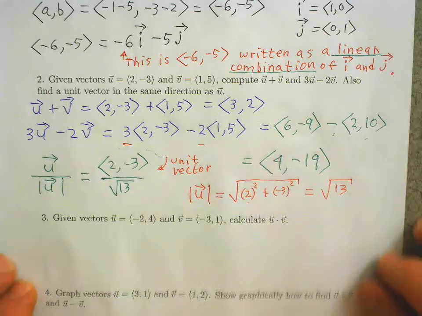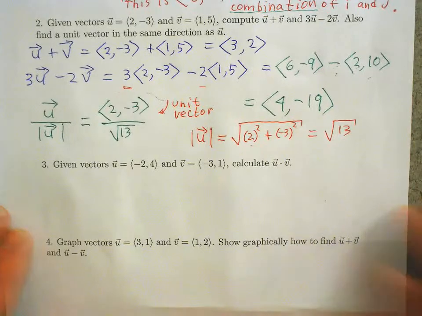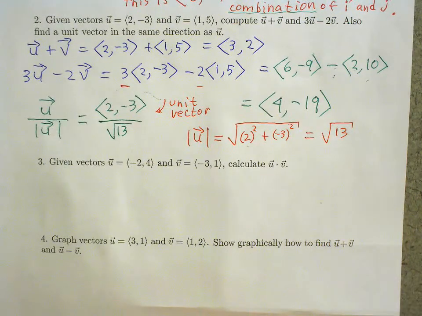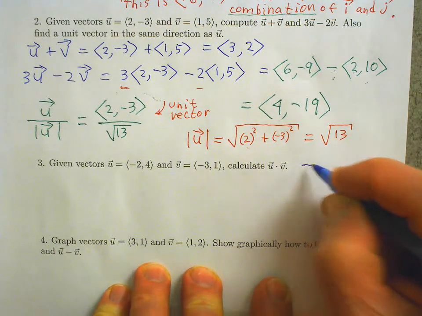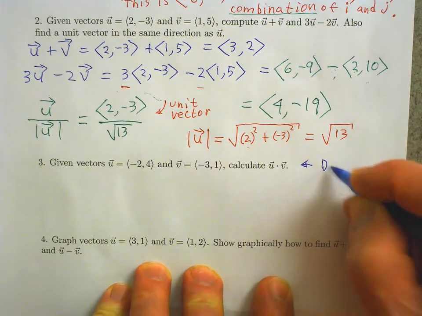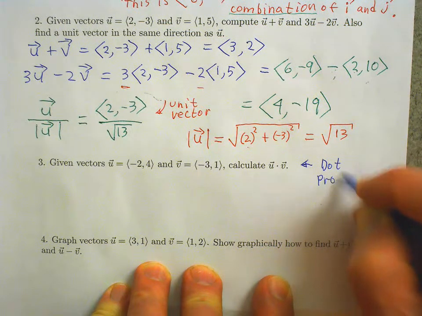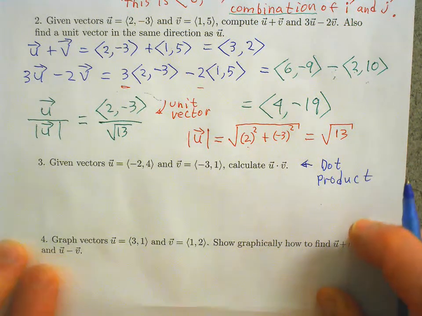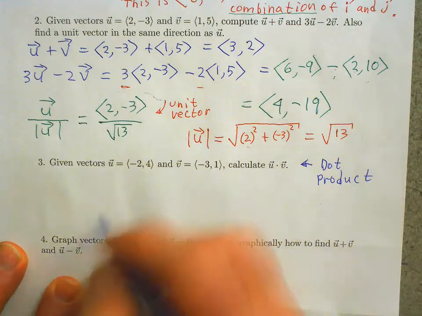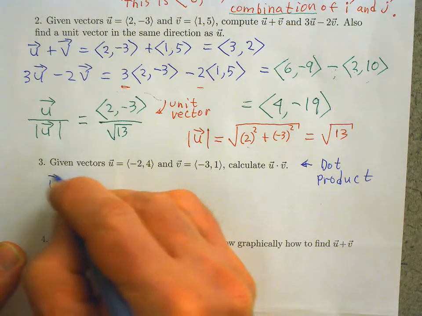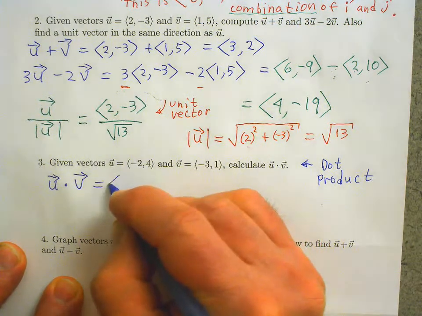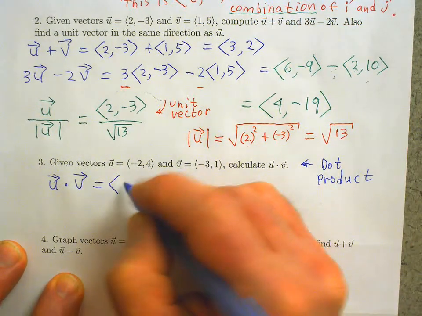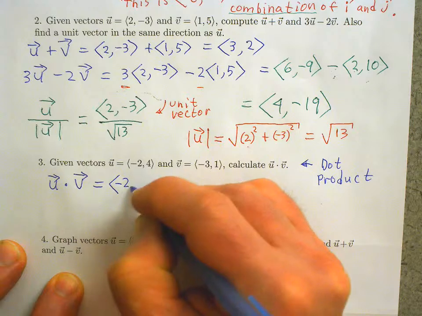Okay, the next problem, given vectors U and V, find the dot product. So this means dot product. Okay, so the dot product of vector U and vector V is just the sum of component-wise multiplication.